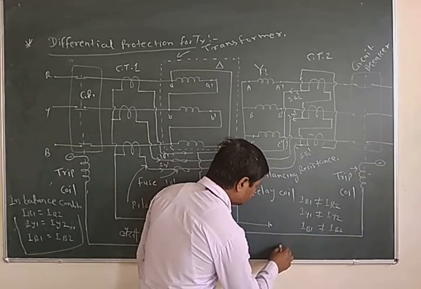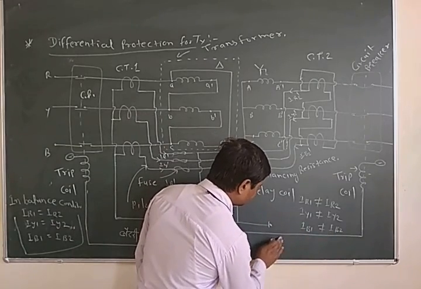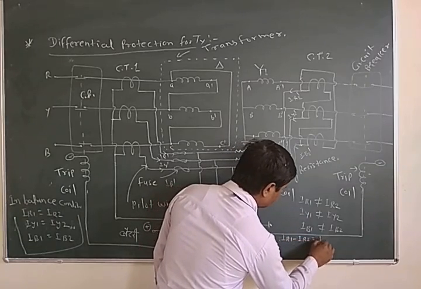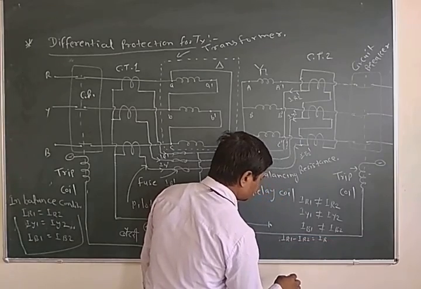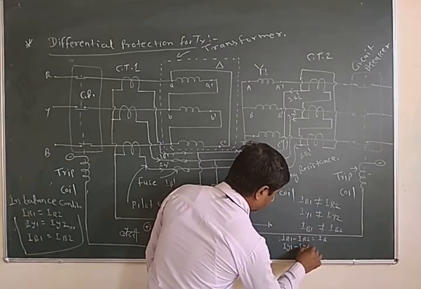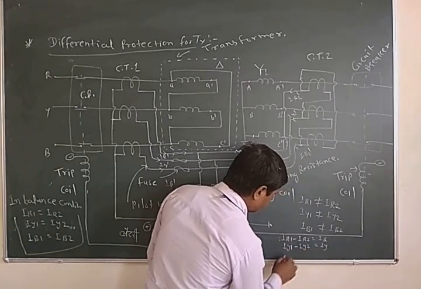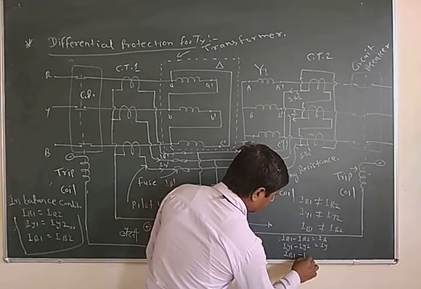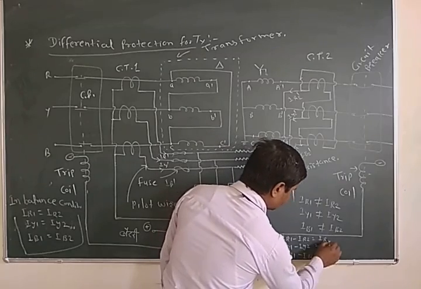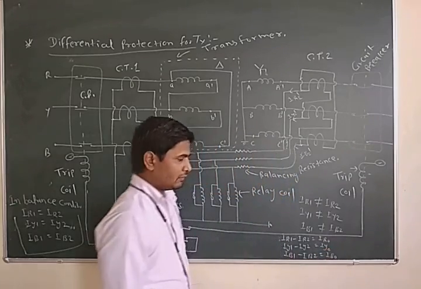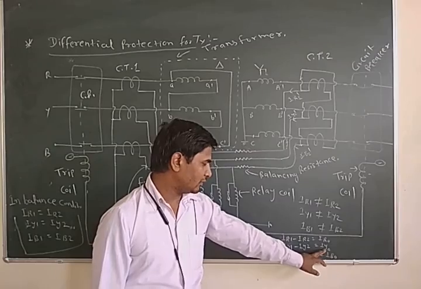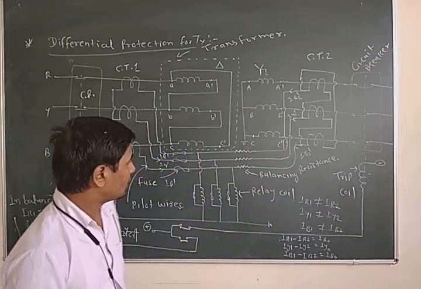So we can say that IR1 minus IR2 is equal to IR0, IY1 minus IY2 is equal to IY0, and IB1 minus IB2 is equal to IB0. There may be any value of IR0, IY0 and IB0.